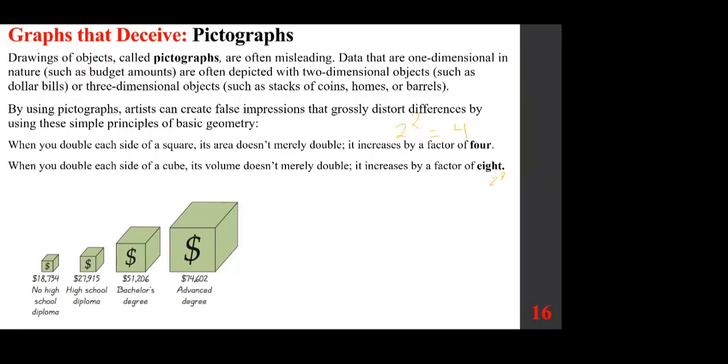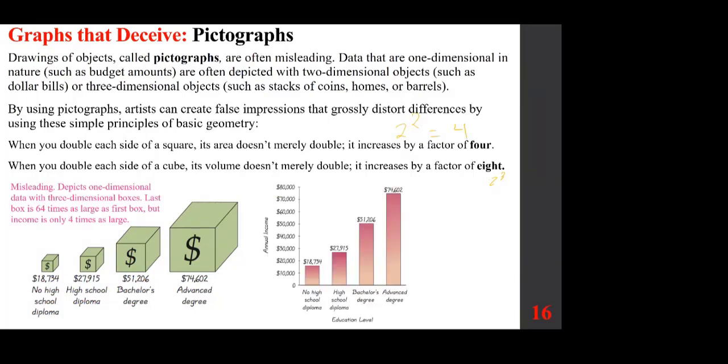So when you look at this case, this is misleading: one-dimensional data with a three-dimensional object. This is a fair and objective pictograph, which uses a very simple bar graph and clearly gives us the exact situation. Pay attention that it starts with 0.